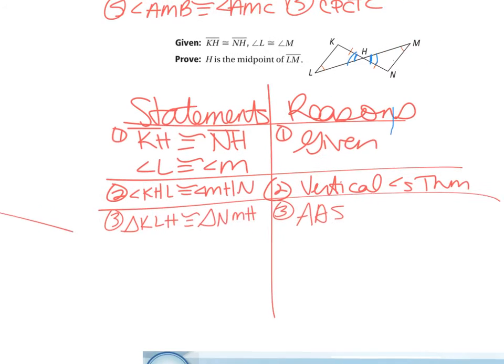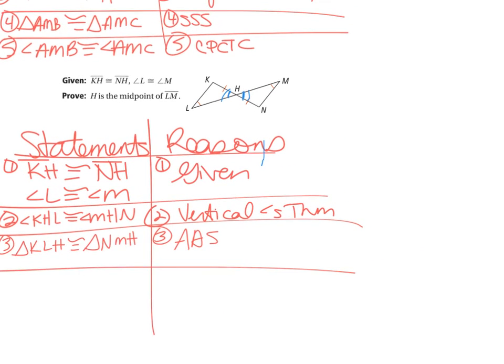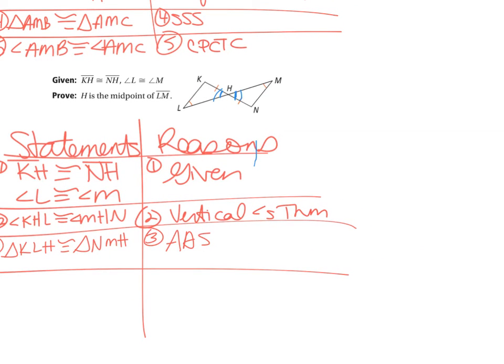Now, can I just say H is the midpoint? Is that saying this piece of the one triangle is congruent to the other piece of the other triangle? No. We can't just, that's not what it's asking. So if H is the midpoint of LM, I'm going to write this down so you can visualize it a little bit. If H is the midpoint, then what does that mean?